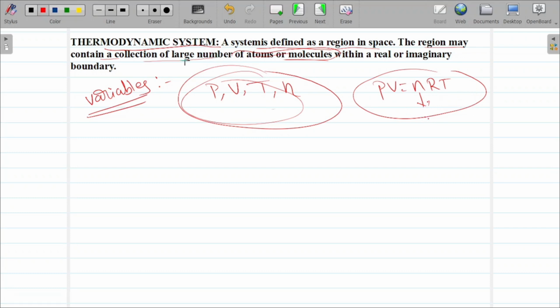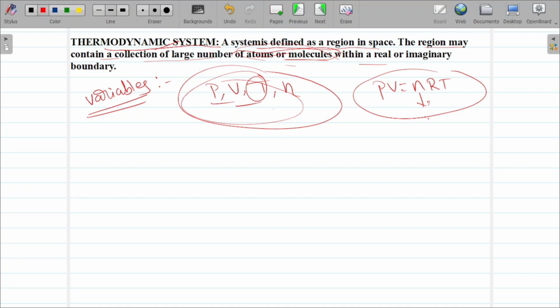So a thermodynamic system means a region containing a large number of atoms or molecules within a boundary. When one changes, say temperature increases, pressure will change and volume will change.